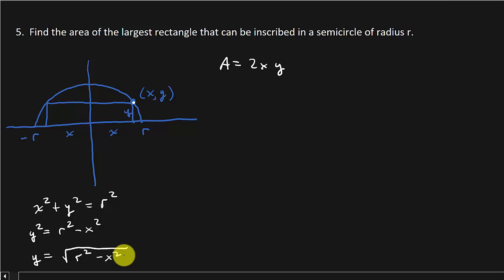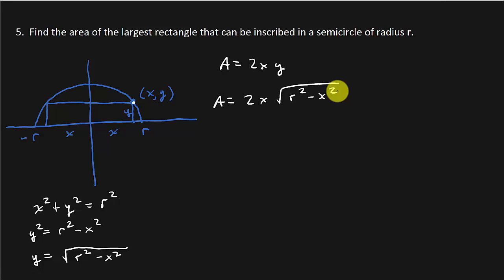Now, that's plus or minus, but we use the positive because we're using the part that's above the x-axis. If we were drawing it down here, we would use the negative. So we have y is equal to this. So we can replace this y with this. So we got area is 2x times the square root of r squared minus x squared.